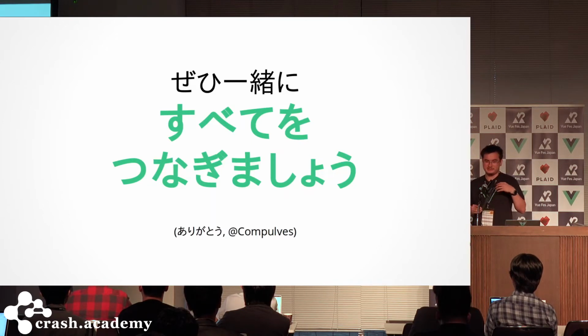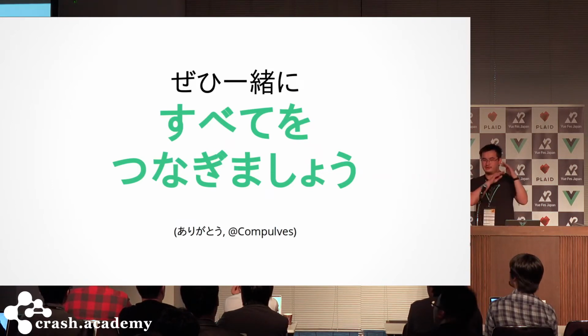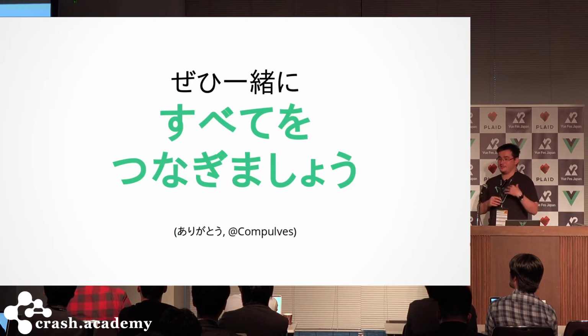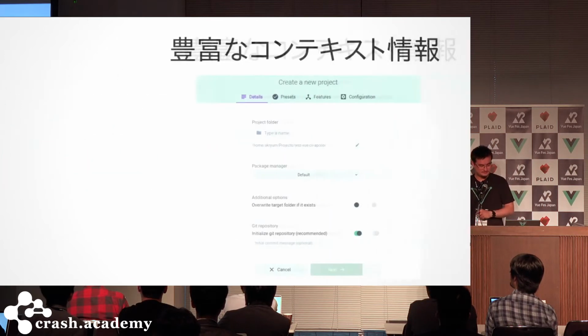And it was, I think, one of the first to convert some configuration files like Prettier or Babel into visual configuration screens. And that was what gave me the idea of creating this graphical user interface. So thanks to Compulse.